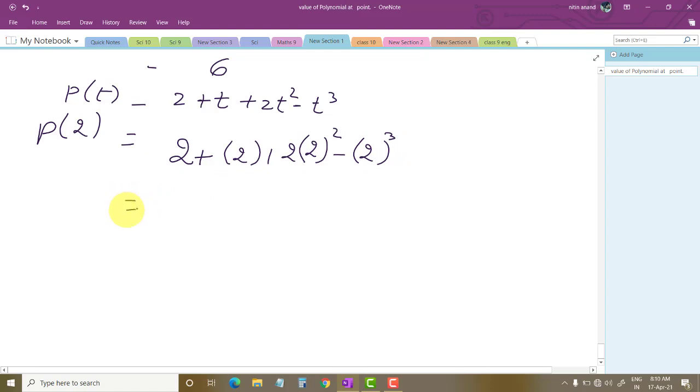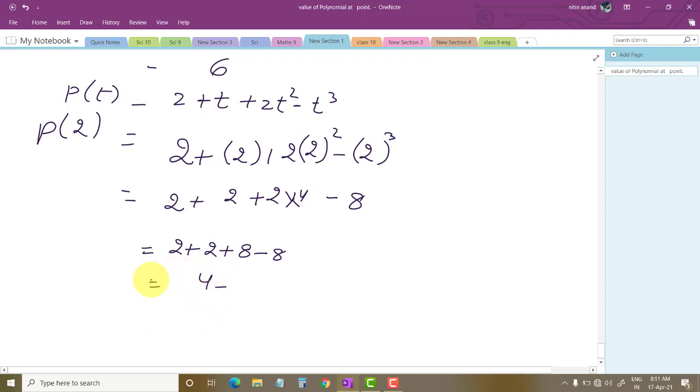Now this becomes 2 plus 2 plus 2 into 4, minus 8. Now it becomes 2 plus 2 is 4, plus 8, minus 8, that means 4. This is our answer.